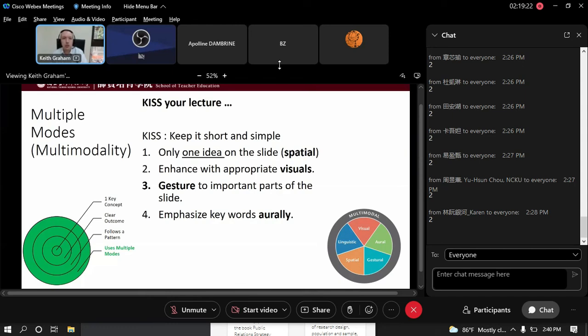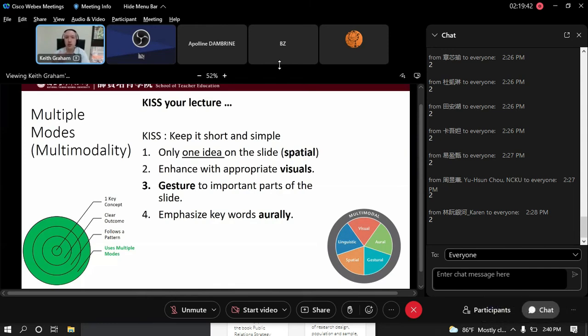Well, first, make sure that you only have one idea on the slide, especially if you're working with students that don't have very high proficiency. This rule I've basically followed today, but I could be criticized for maybe putting too much.